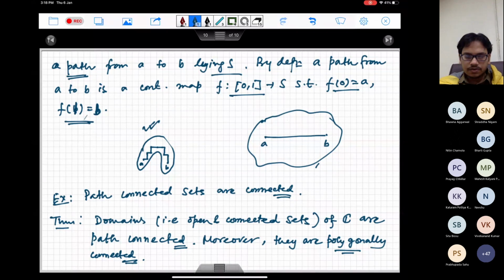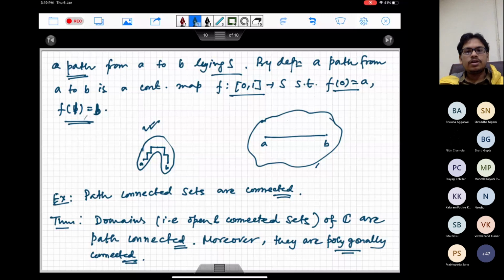So the important part for me is that the domains in C are going to be path connected. More precisely, they are going to be polygonally connected, and even more precisely, I am going to find paths from A to B where the paths are made of line segments that are either in the vertical direction or the horizontal direction. That's all.